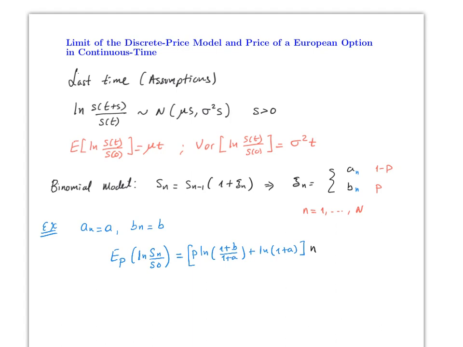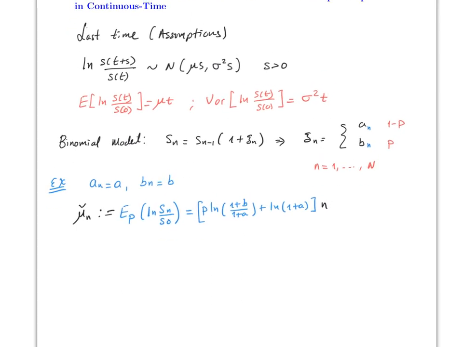Also, we're going to denote this by definition to be μ_n tilde. So this is what we want to show. Remember, the goal of doing these exercises is that eventually we want to show that this will give us this precisely.